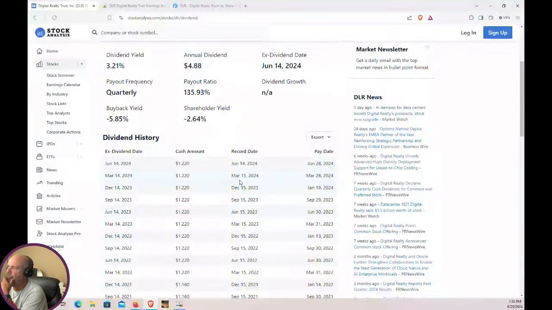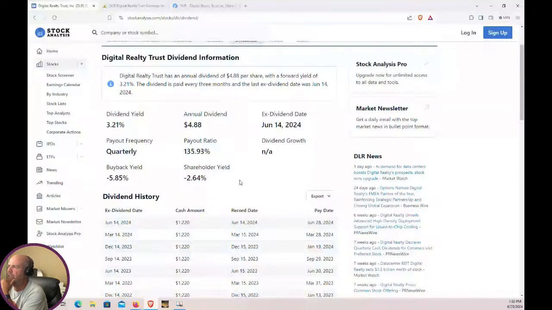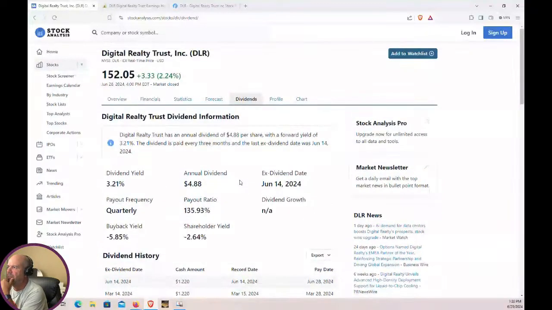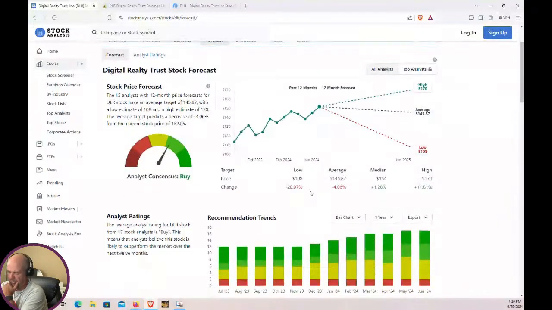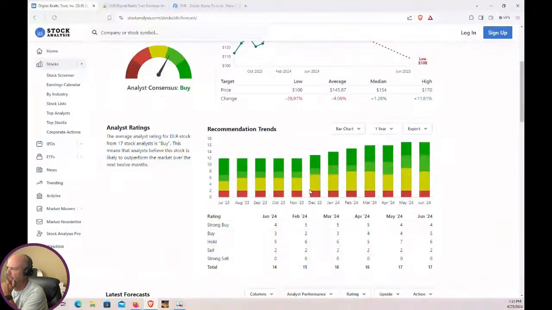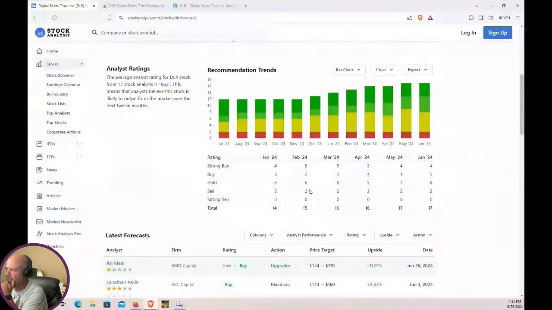I don't know. It's very, very rare. The forecast, they increase year over year, I think. They don't have any strong sell.